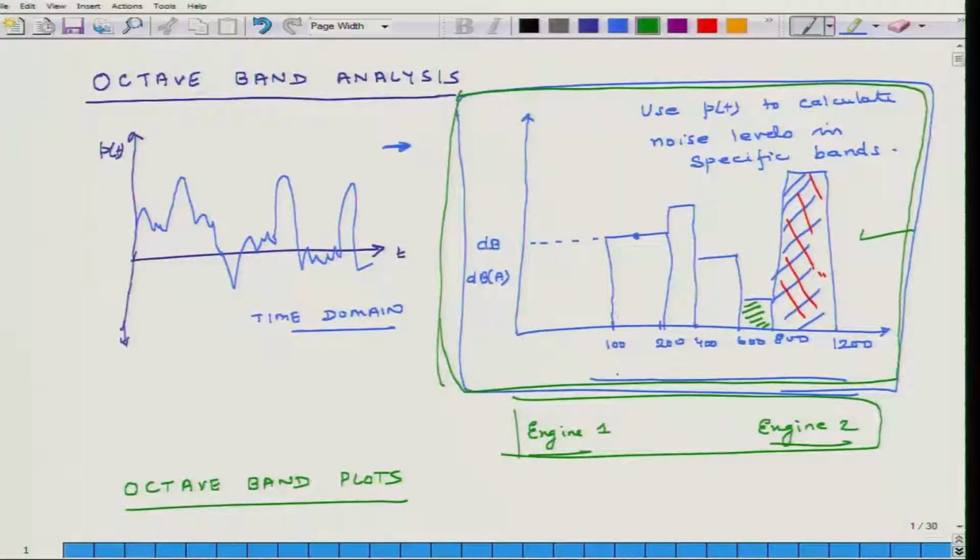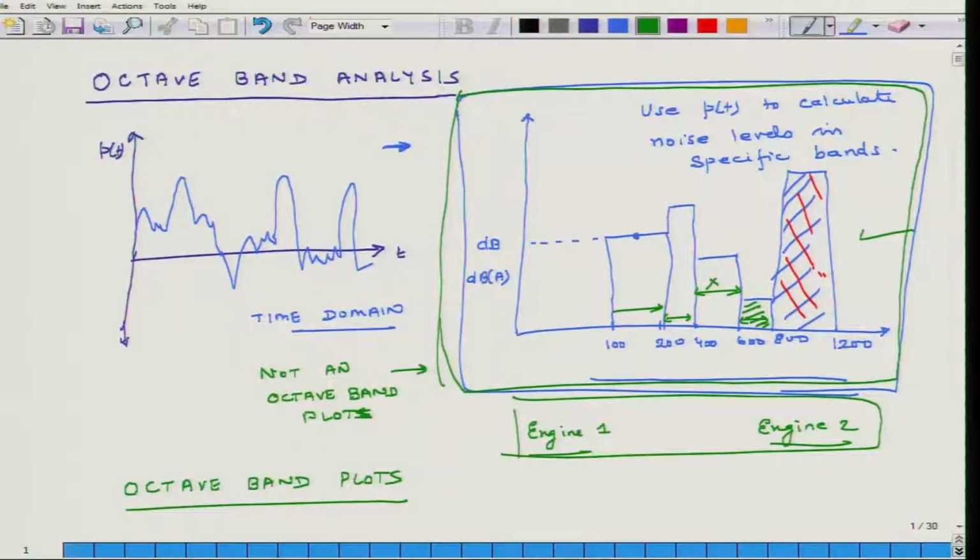So, this plot which I have drawn here is not an octave band plot. Why? Because this is an octave, right? Here the ratio is 2, but the next band, 200 to 400, is also an octave, but 400 to 600 is not an octave. 600 to 800 is not an octave, 800 to 1200 is not an octave.